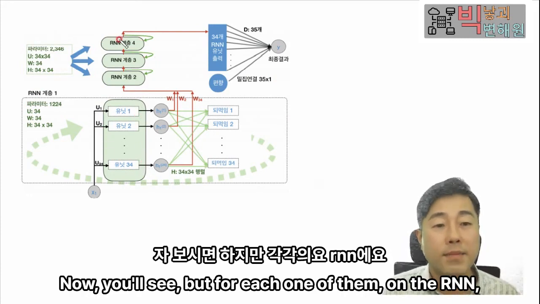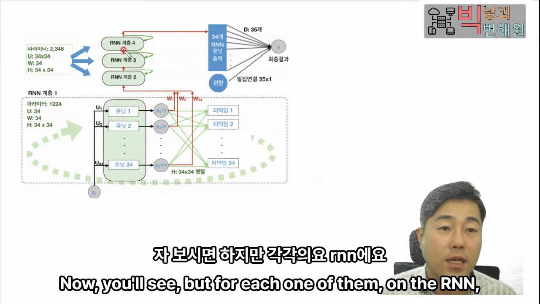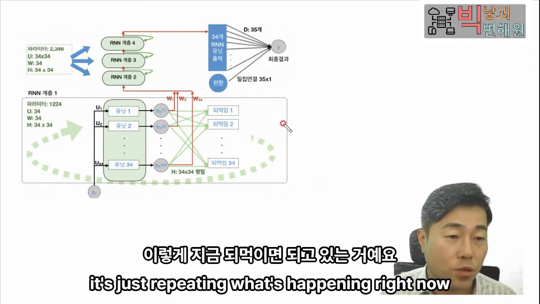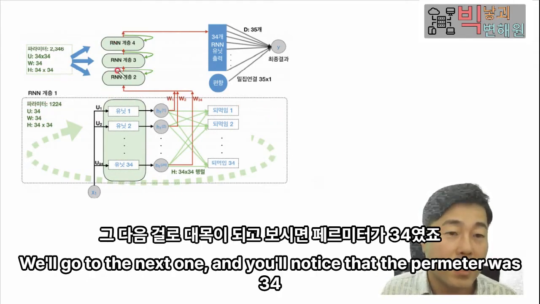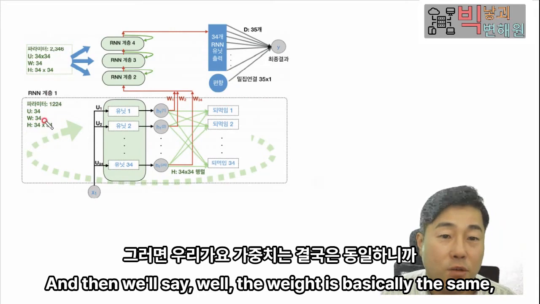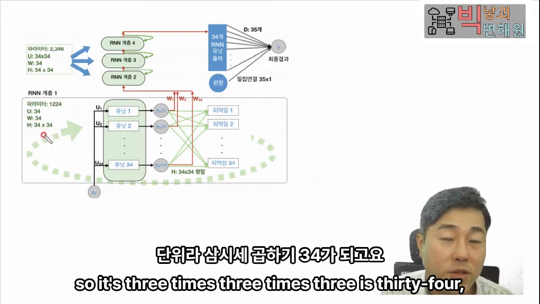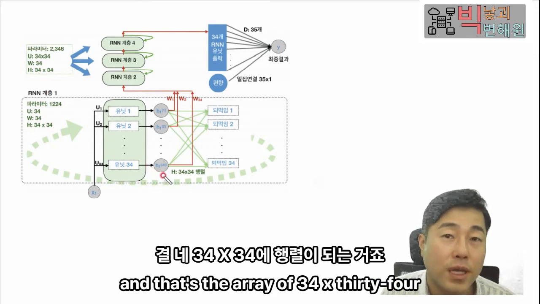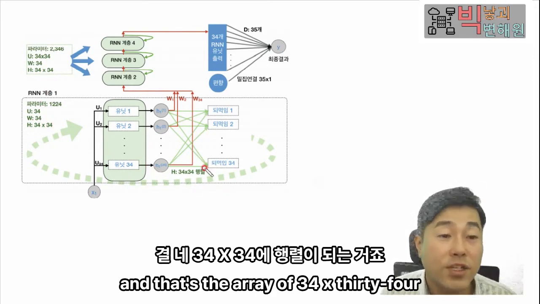Now, for each one of them, the RNN class is actually just repeating what's happening right now. We'll go to the next one, and you'll notice that the parameter was 34. And then we'll say, well, the weight is basically the same. So it's 34 times 34, and that's the array of 34 by 34.